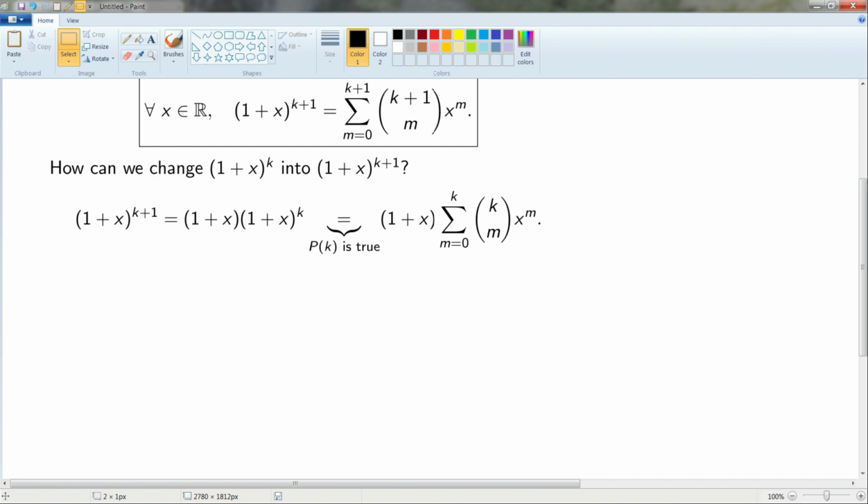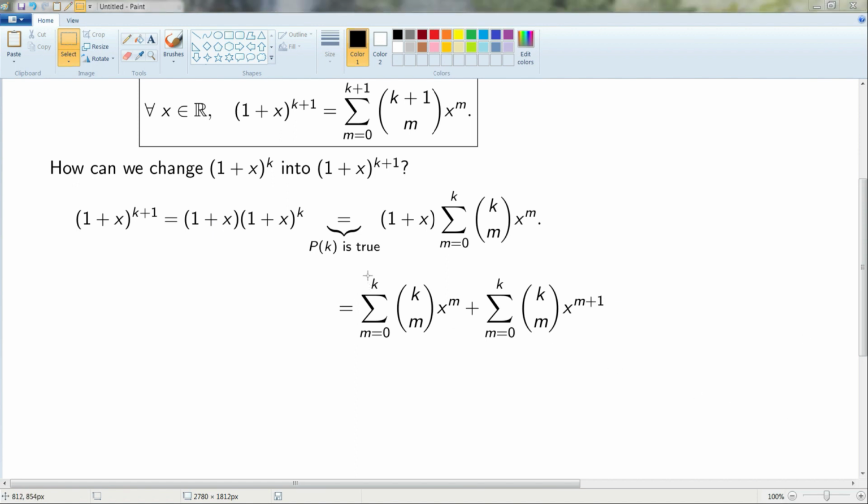Explicitly, I'll get this statement here. 1 times this sum will simply be the sum itself, and x times the sum, since it's a finite sum, I can pull the x on the inside, and I simply get x to the m plus 1 here.